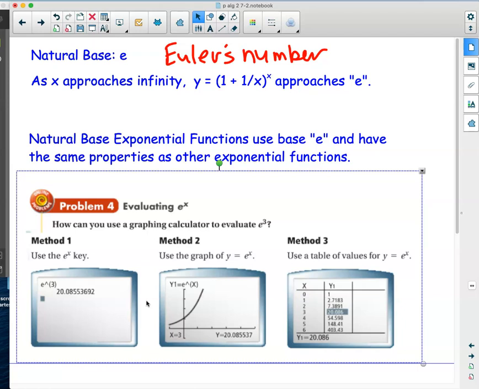I need to make more money off of these loans. I want to charge people every week. Got greedier. I'm going to charge people interest every day. Still wasn't satisfied. Every minute of every day, I'm going to charge them interest. Still not satisfied. He wanted to charge people interest all the time.